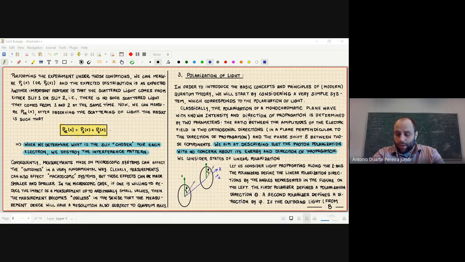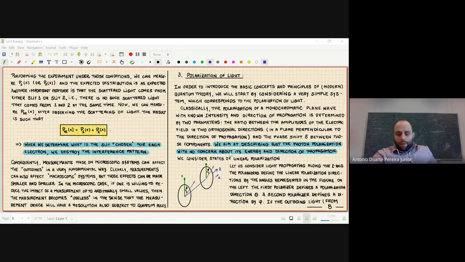So at the classical level, if you want to describe the polarization of monochromatic light, you just have to know two parameters. These parameters are related to the amplitudes of the electric field in two orthogonal directions, and the phase shift between them.